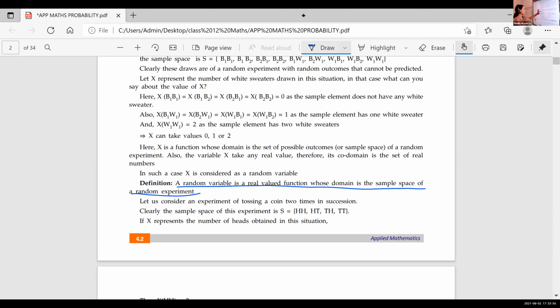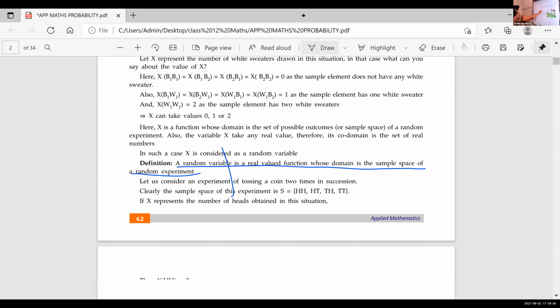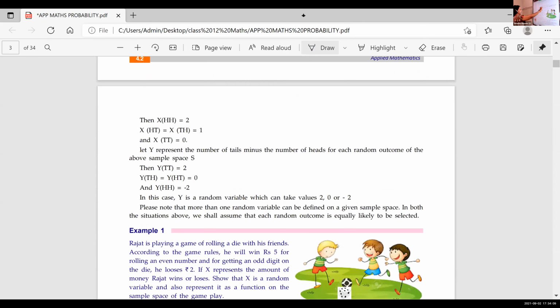We can consider a random variable as a function because it takes real numbers. We can take it as a real valued function. Now look at this example. Listen, children. Today I'll share this booklet. I'll send it in your class group. Go through it.